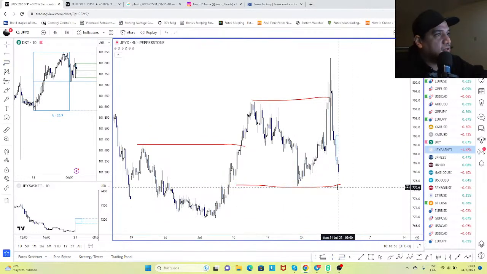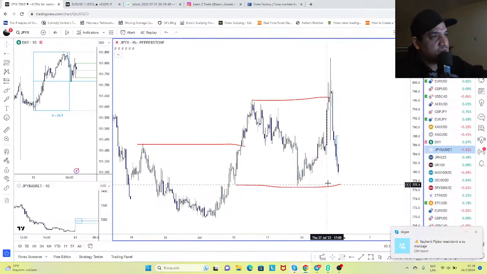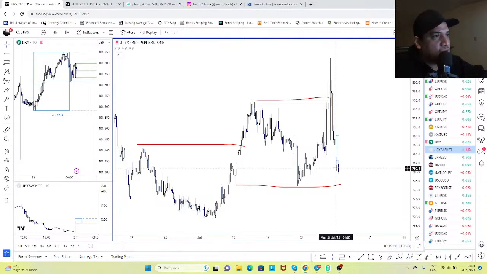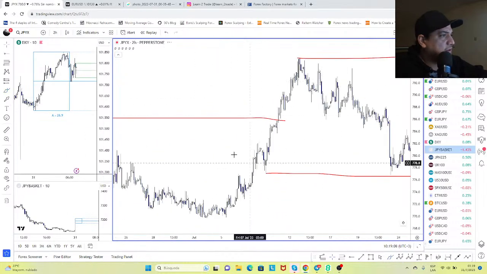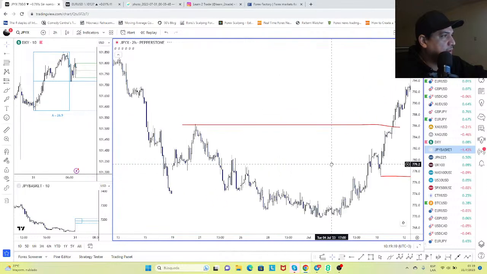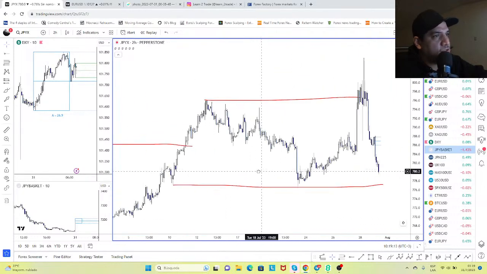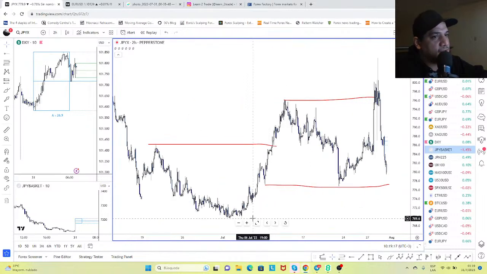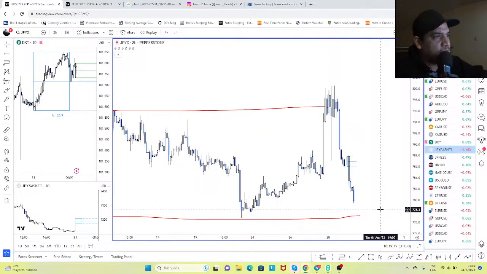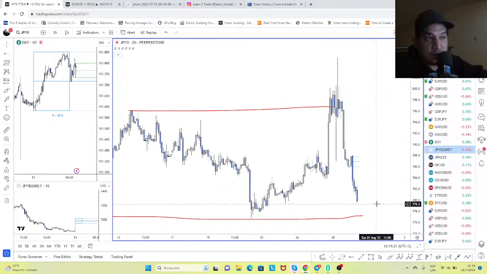To be completely honest, if price breaks these lows, you should be very careful. Now, let's have a look at the 2-hour chart to see if I can grab a better setup. No, we should be careful on the break of these lows. Of course, a break of the actual lows turns this market very bearish.